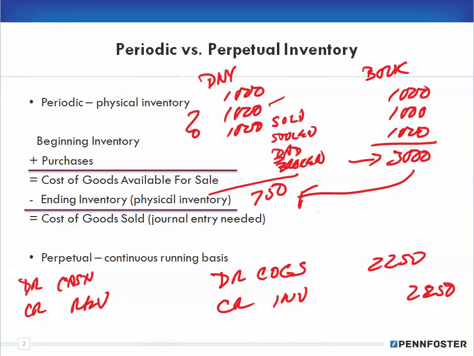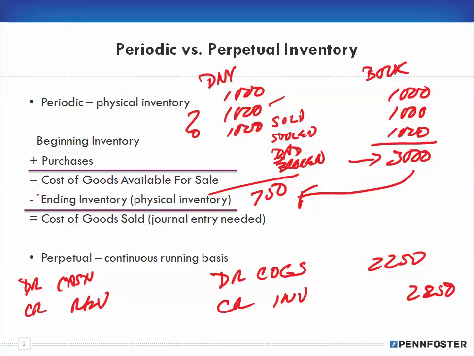Okay, it's very akin to doing the FIFO and LIFO from the math. If you had taken math for business and finance or math applications, you were exposed to inventory methods, FIFO and LIFO. Okay, it's sort of akin to that, although it's not exactly the same. Yes, you have a beginning inventory. You have your purchases, you have a cost of goods available for sale, and you have your ending inventory.